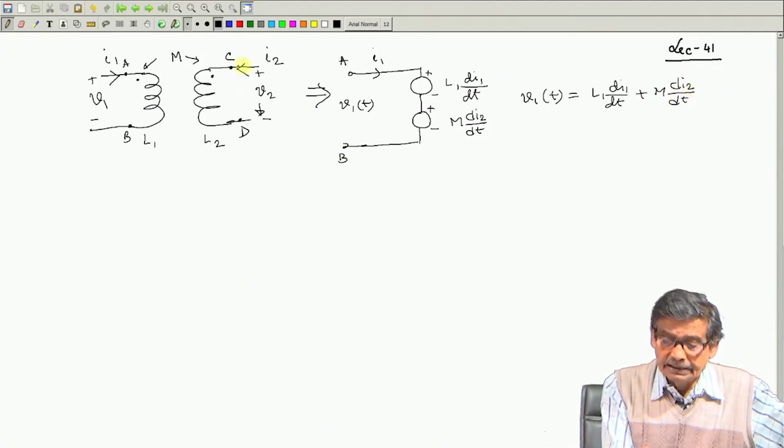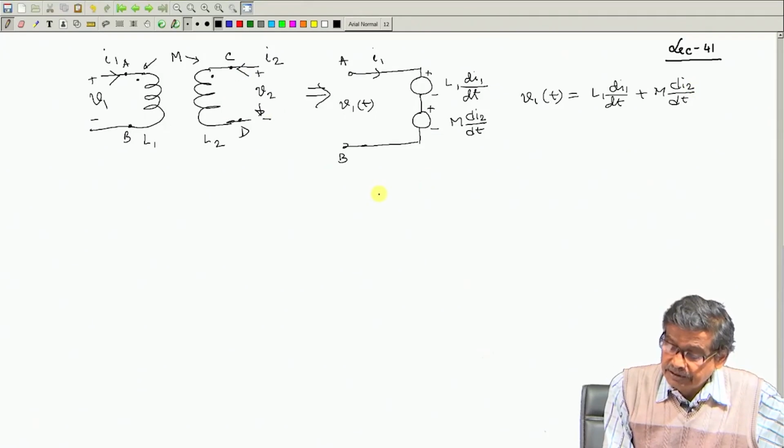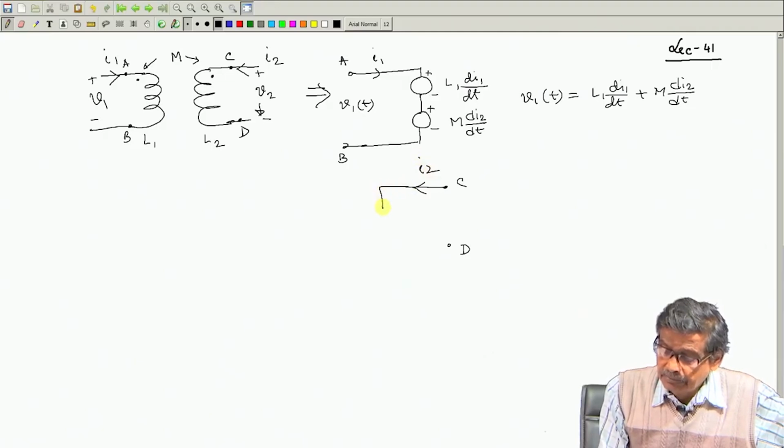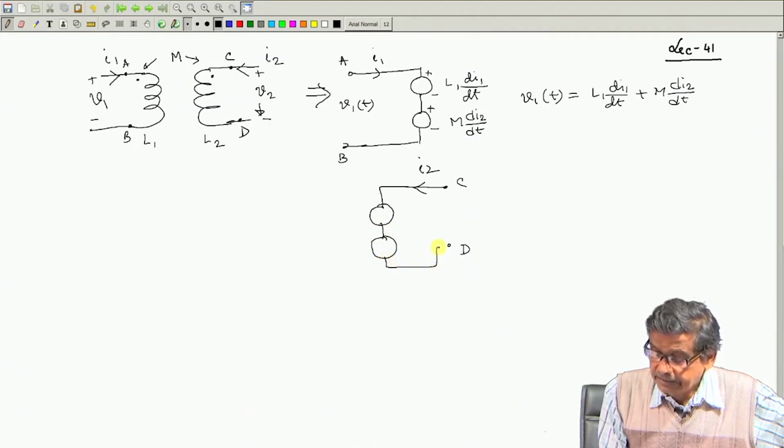On the other hand, for the second coil, look at the C and D terminals, where I have shown the current to be I2. Once again there will be two EMFs connected in series.